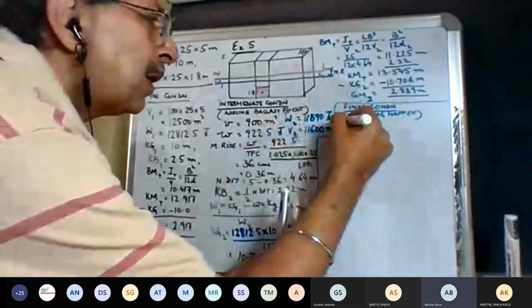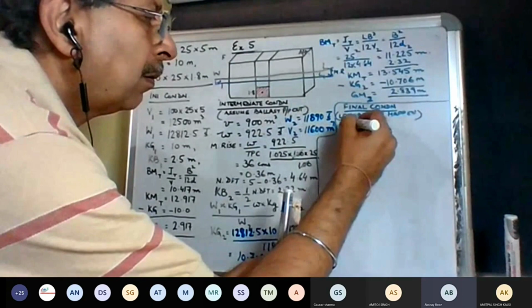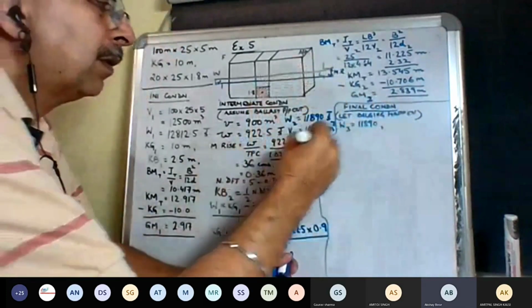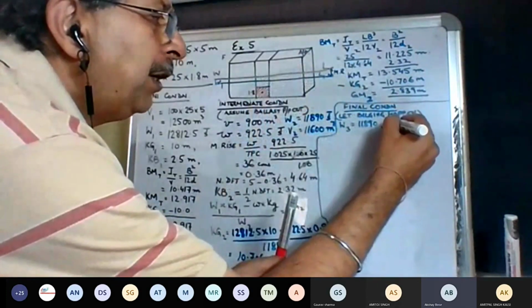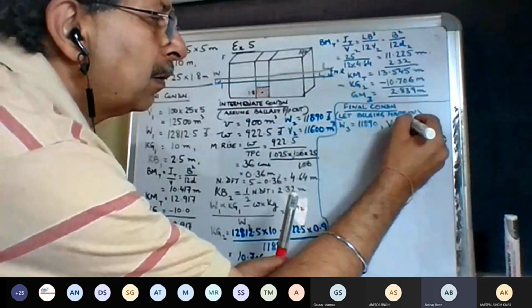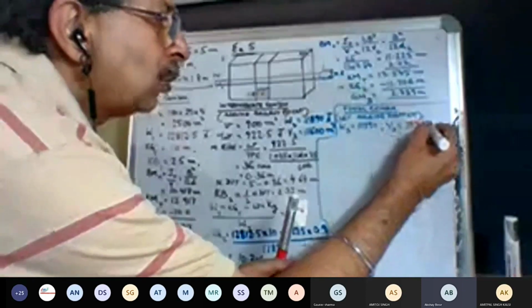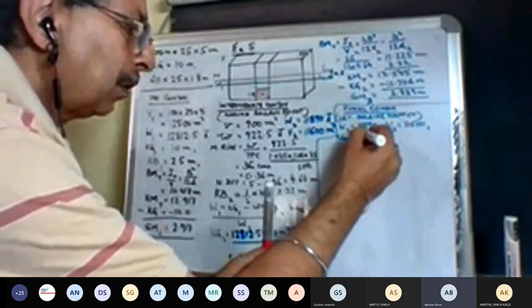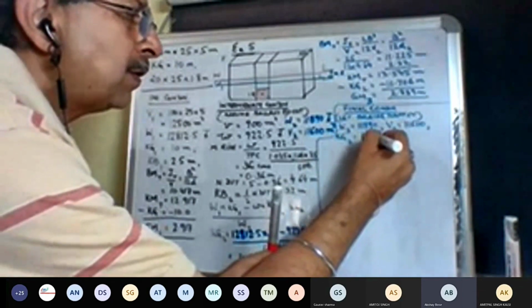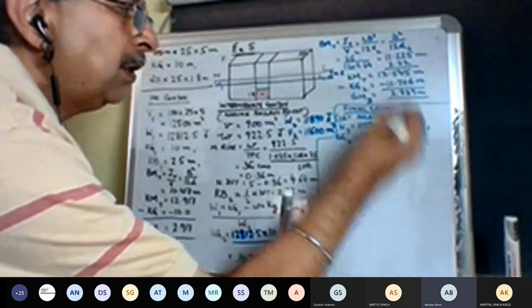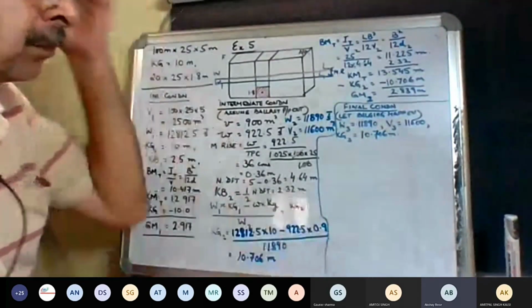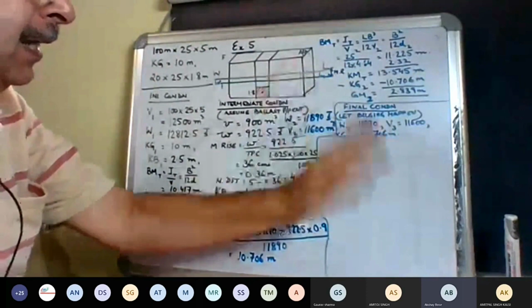So I am writing W3 is equal to 11,890, because that is what my basic principles of bilging are. My V3 is 11,600 and my KG3 is 10.706. These are my values of the final condition, which are going to remain constant.